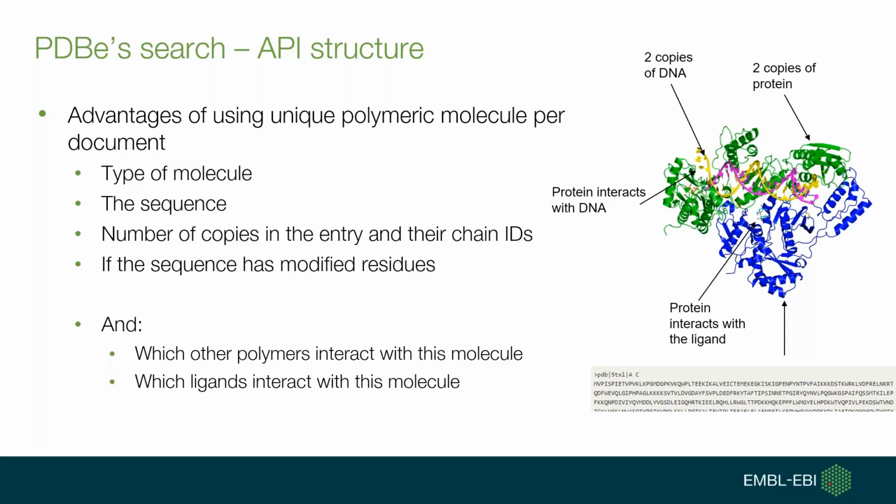If the sequence of that molecule has changes, which ligands interact with that molecule, not just are in the entry, which ones interact with that molecule. We can also say which other polymers interact with that molecule. So we can see in the example we've got here that the protein interacts with the DNA. So it's not just an entry that contains protein and DNA. We know that the protein interacts with the DNA, and we can highlight that within the search.